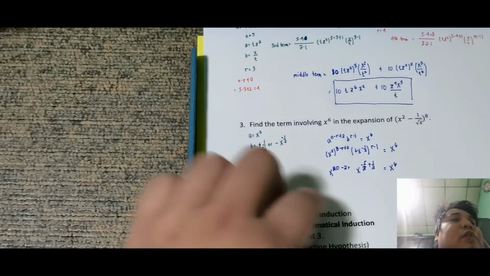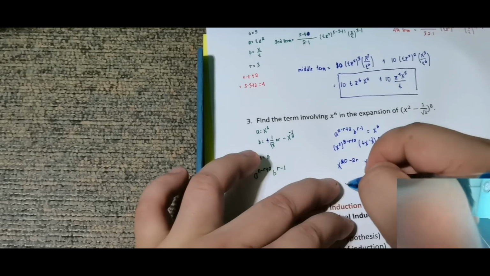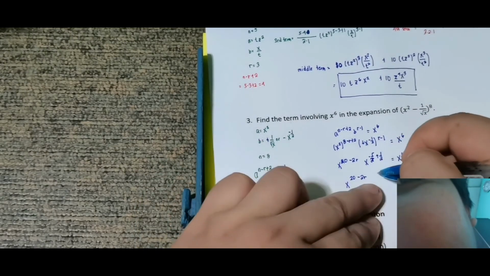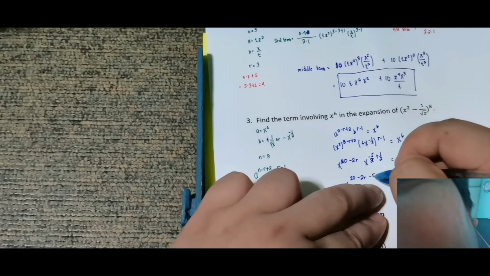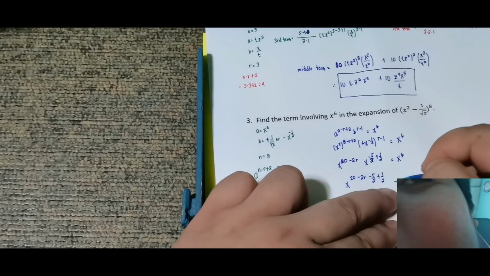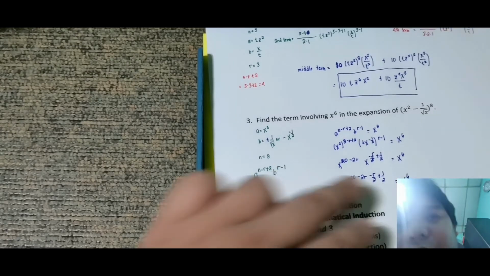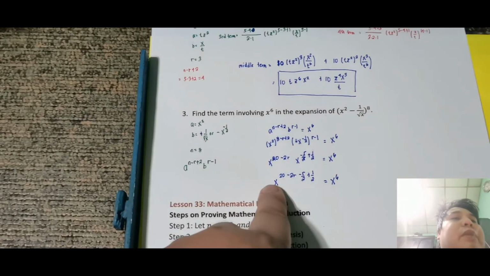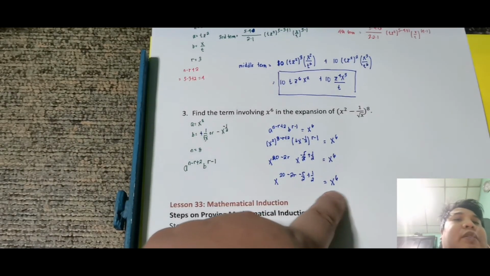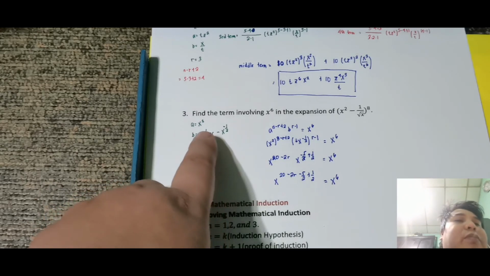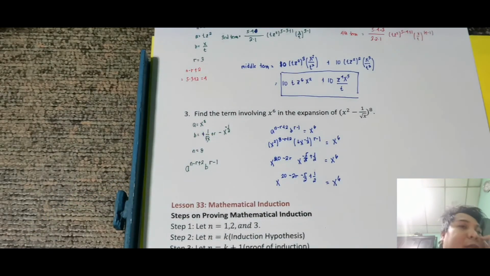Then combine natin tong term na to. This is x raised sa 20 minus 2r, okay, minus r over 2 plus 1 half is equal to x raised to 6. Okay, then since similar na sila ng base, may base na x na, tapos base na x na. So again, kaya ako dinisregard yung negative na yan, kasi coefficient lang naman yung hinahanap natin.